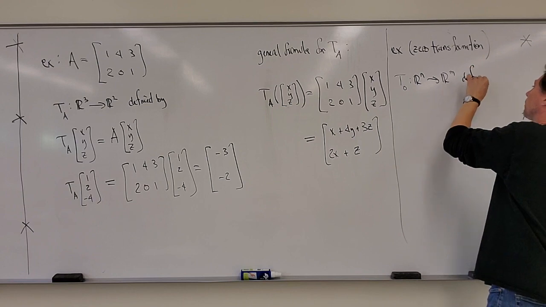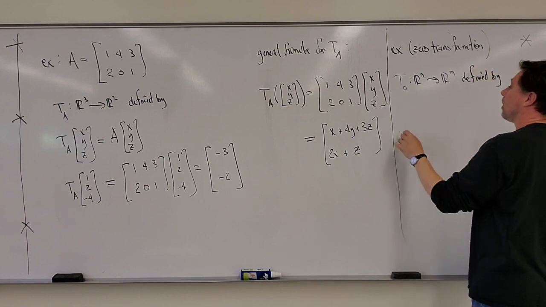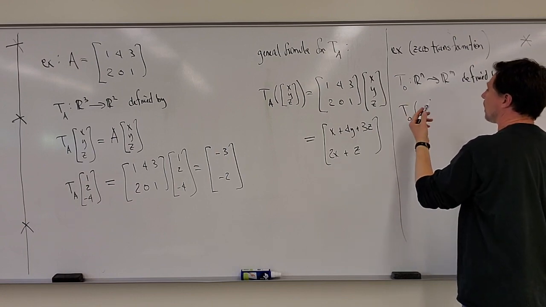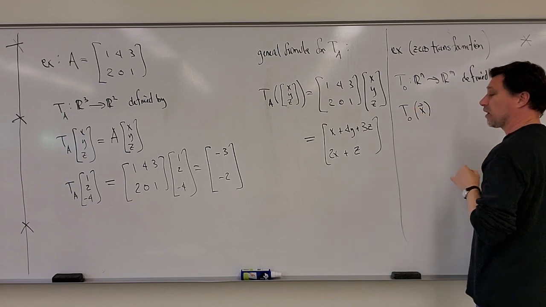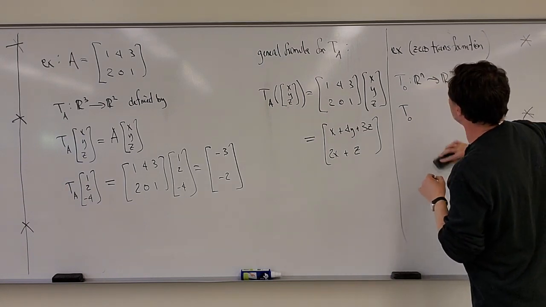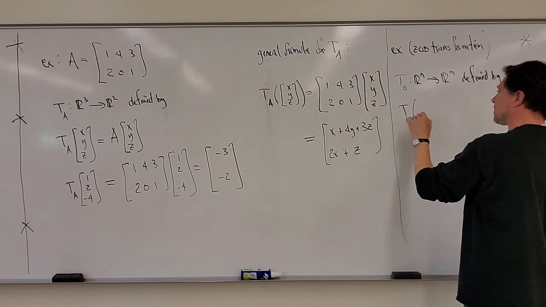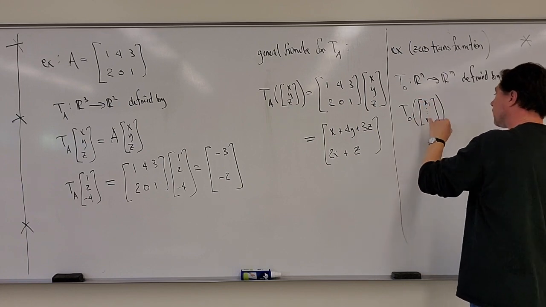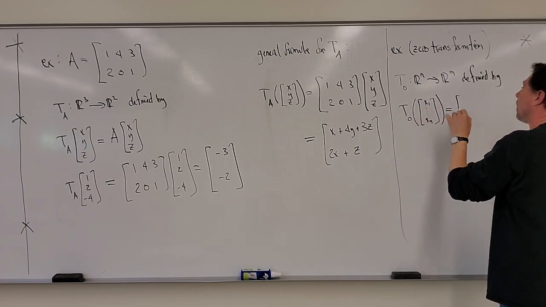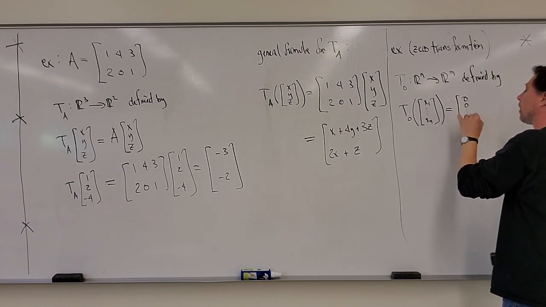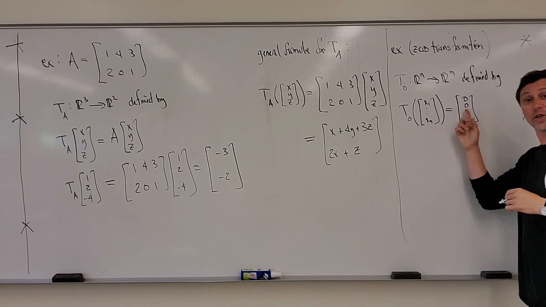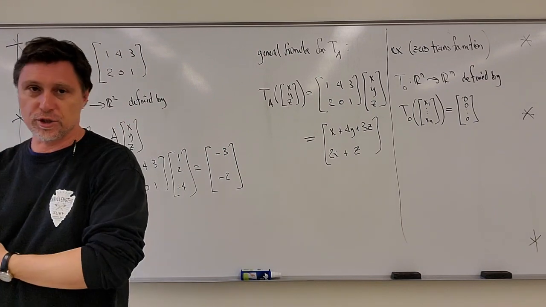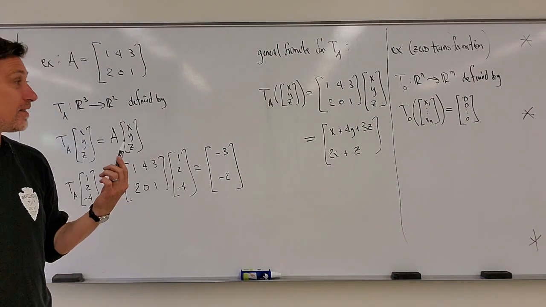It's defined by T sub 0 of the vector x. Let's write it as a column vector. So it'll be T sub 0 of the column vector x1 dot dot dot x sub n equals the vector, and here there will be m zeros. Right, so there's an example of a transformation. That's actually a matrix transformation. How would you do that? You do it by multiplying by the zero matrix.